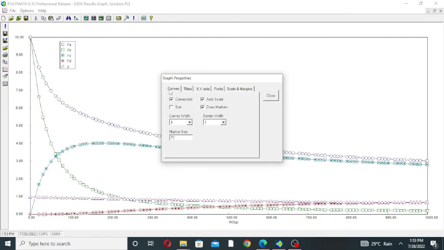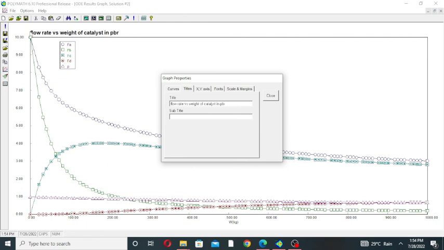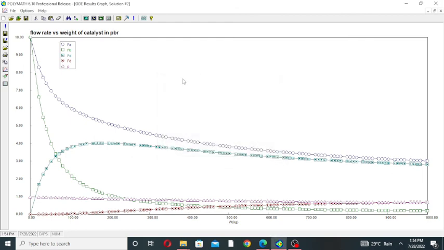This is the curve, the X. I can also write a title, relationship between flow rate and pressure versus weight of catalyst in PBR. PBR means packed bed reactor. So I am closing it. This appears here.